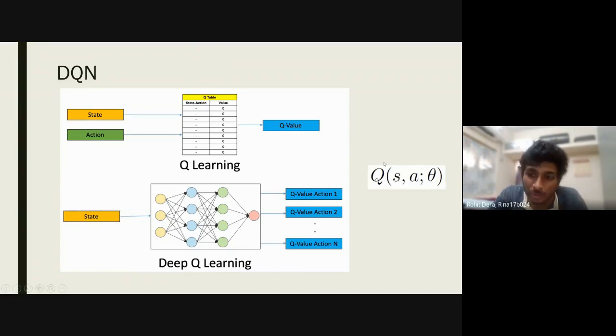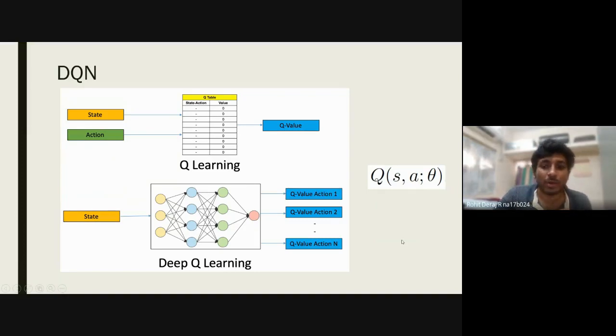And for representation purposes, I am writing the Q value now with respect to theta. Theta here being the parameters, the weights and biases of the neural network. So as the neural network weights change, the estimated Q value outputs change. Since I cannot change the individual Q values here, I'm playing around with theta.